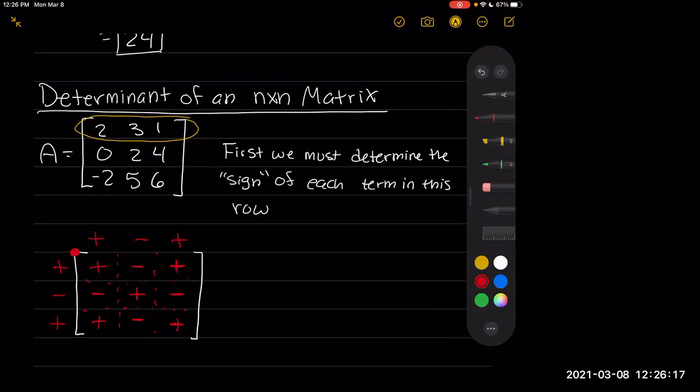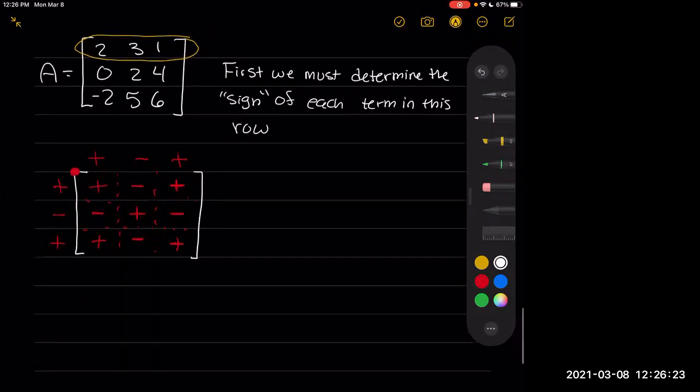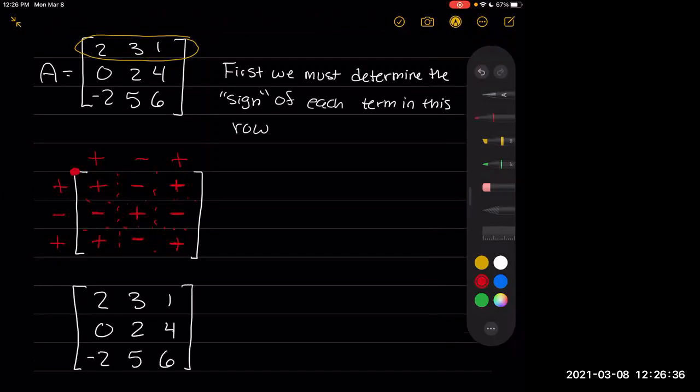So this means if we're starting with 2, because it's the first part of this row, we're going to rewrite our matrix: 2, 3, 1, 0, 2, 4, -2, 5, and 6. So we're going to start with 2.